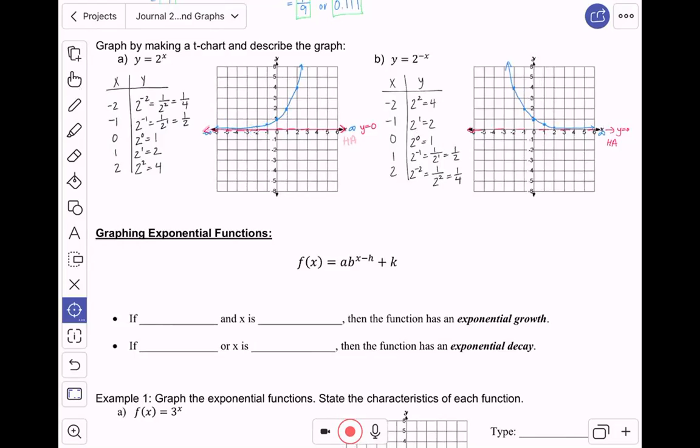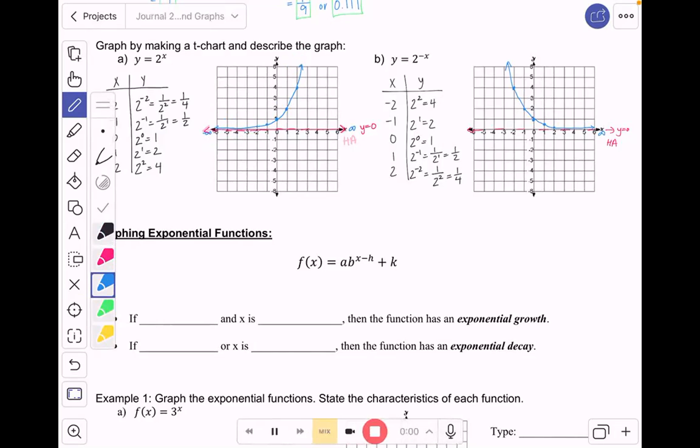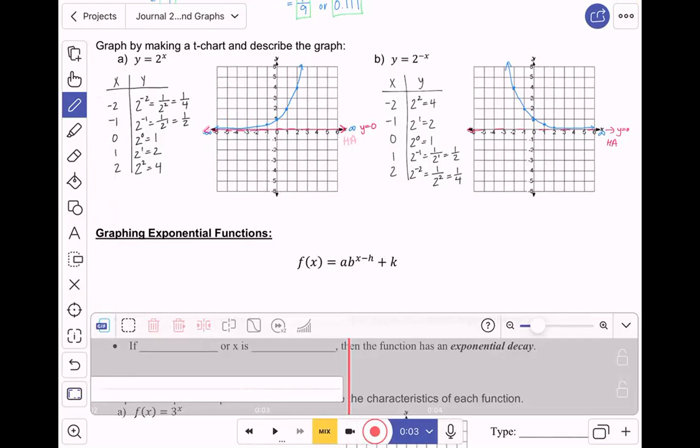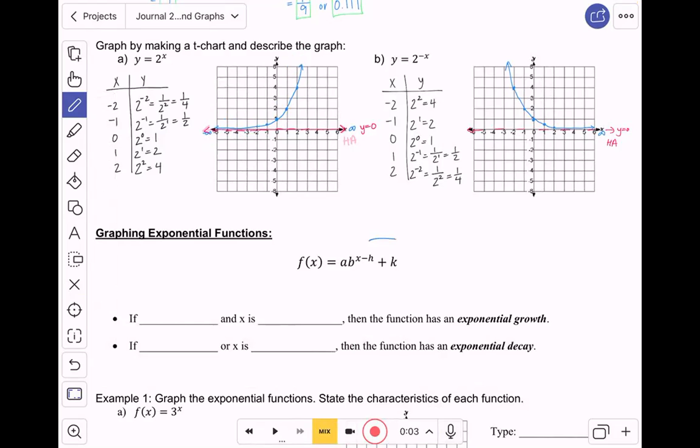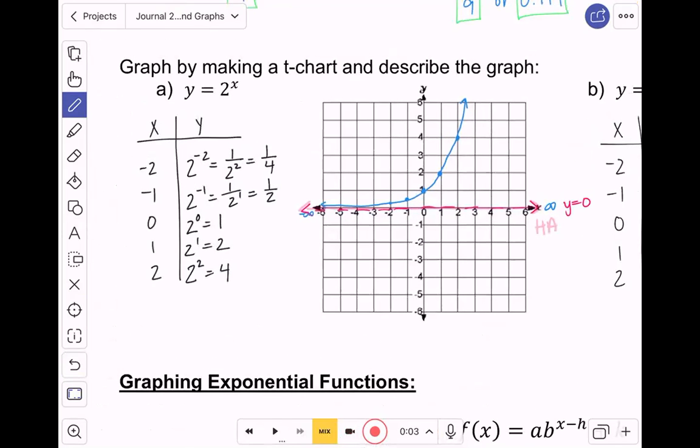So it looks like this one here is growing upwards. And so we can kind of see with this one, this is what we refer to as an exponential growth, because this is growing upwards as you're moving towards the right, or as you're approaching x to positive infinity.